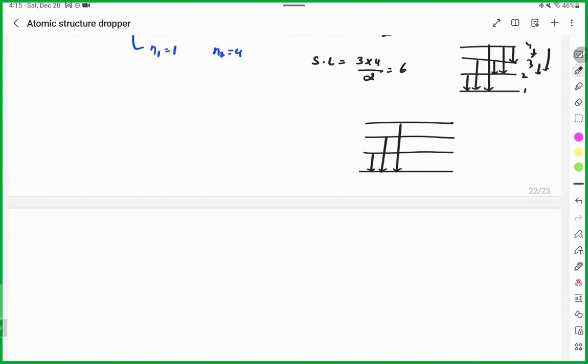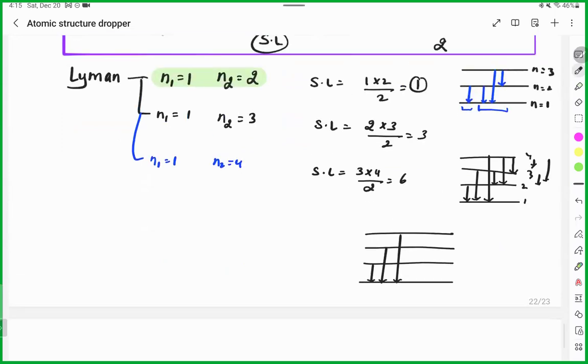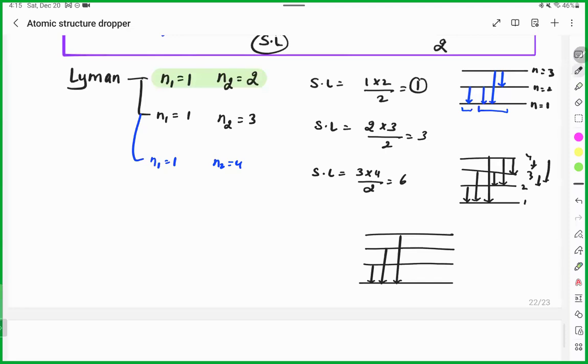Yes. If n1 is equal to 1, it should come. Yeah, these are the three possible lines for sure. But when we calculate according to n2 and n1, we are getting this number, na? According to the formula, total number of lines.